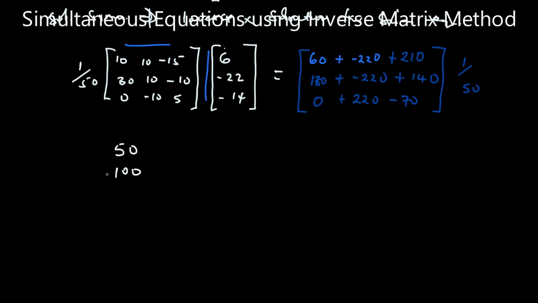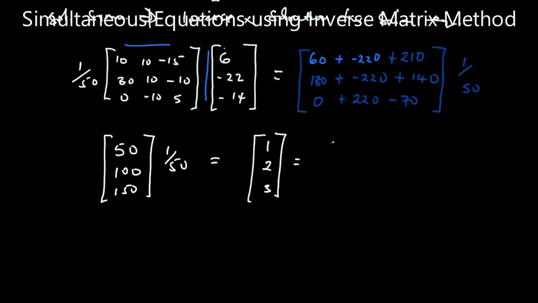And 0 plus 220 minus 70 should give us 150. This we multiply by 1 all over 50 so that we have 1, 2, and 3, equal to x, y, and z.